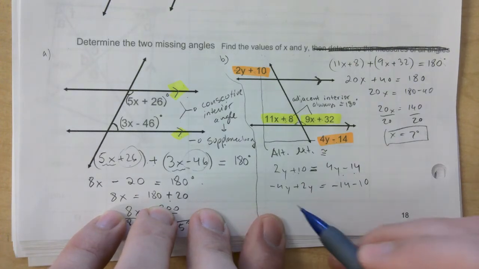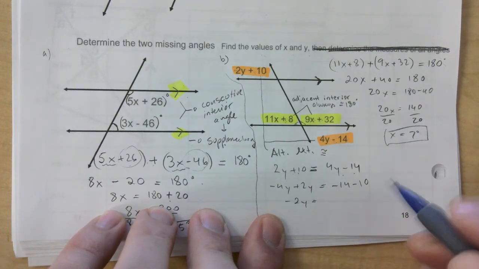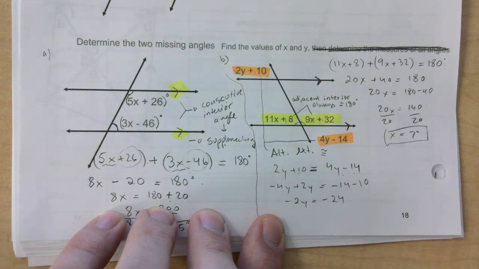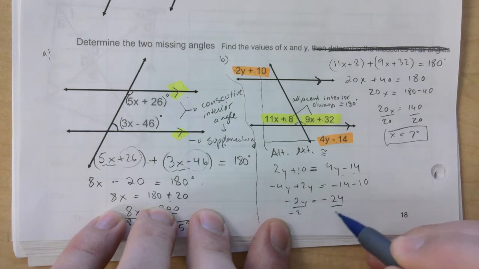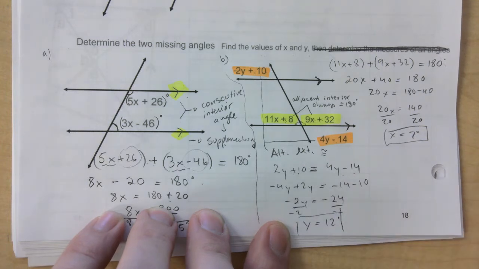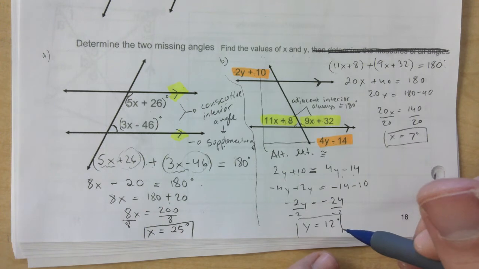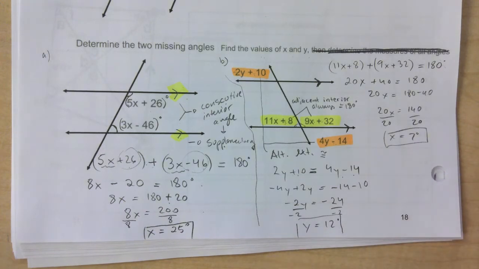If you don't like negatives, you bring everything over to the other side. That's fine. You got negative 24. You divide everything by negative 2. Y is equal to 12 degrees, that is. Okay? So you solve for x, you solve for y. You didn't solve for angles.